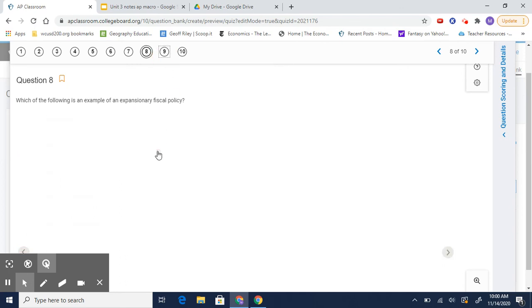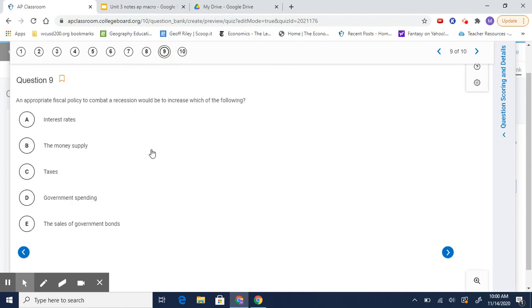Last 2. Number 9. If you're in a recession, again, guys, underline key terms here that would help you answer the question. We're looking for fiscal policy, so we're thinking taxes and spending. How would it be used in a recession? An appropriate fiscal policy to combat a recession would be to increase. Here's another key term.